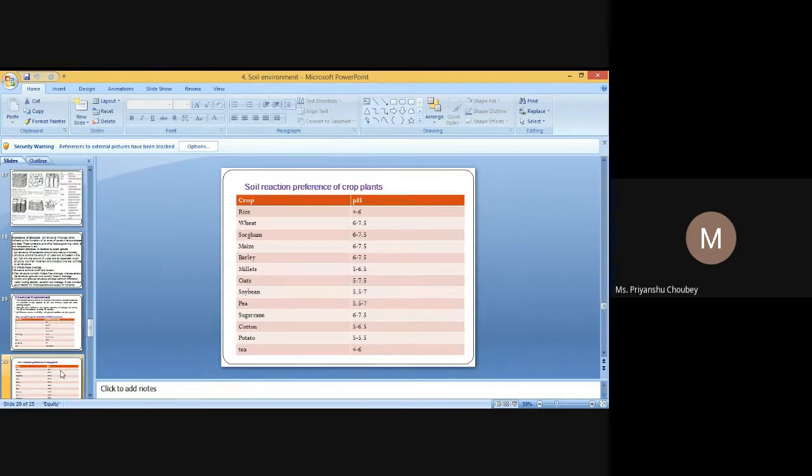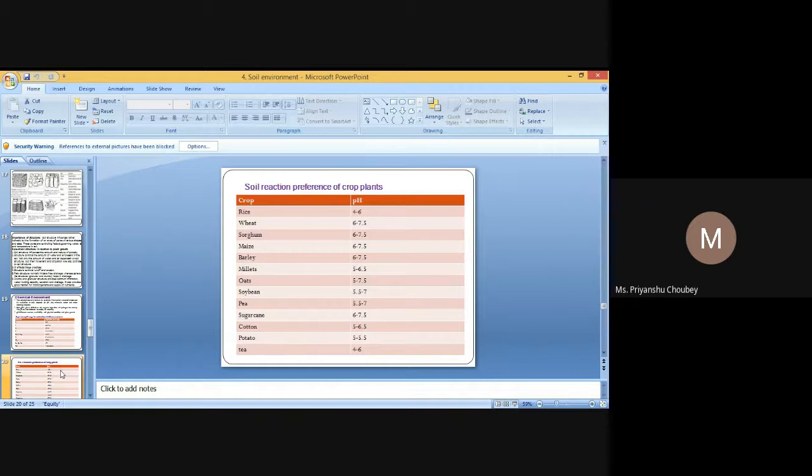Soil reaction preference of a crop plant, which type of crop suits which pH. Rice, suitable pH is 4 to 6.